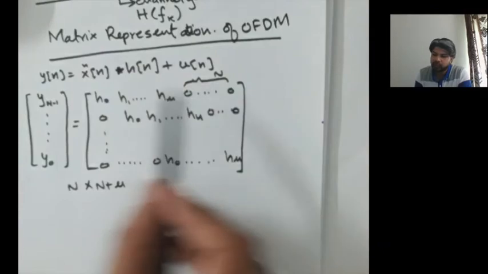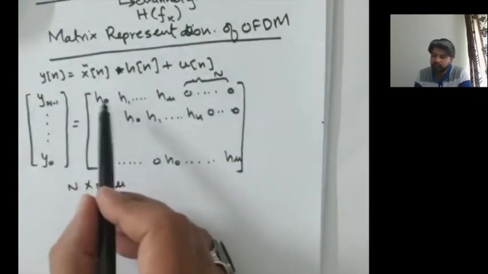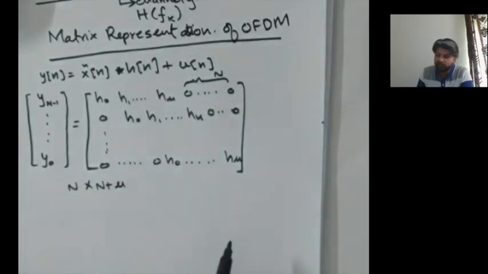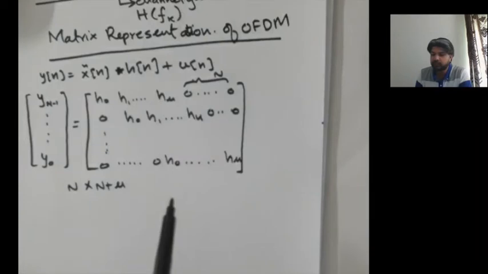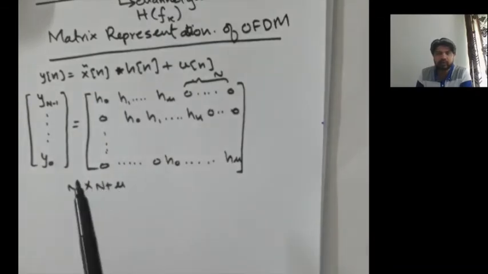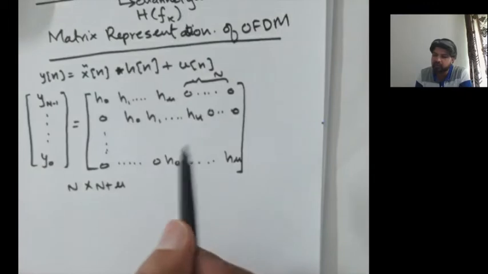For each one of these, there would be n plus mu products, and then you add them together to get one sample out of it. That's how convolution works.